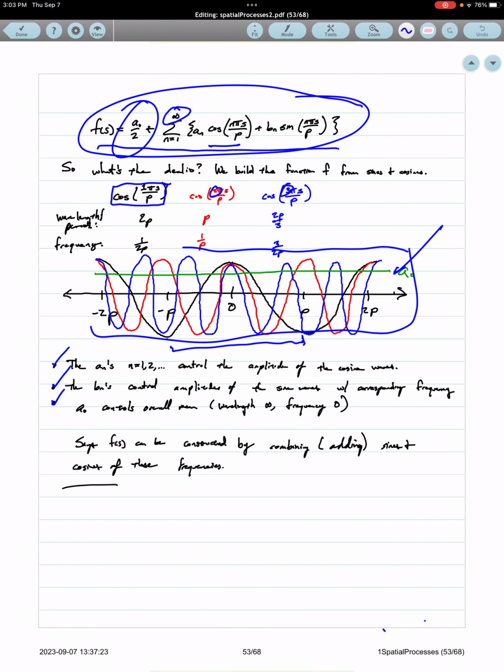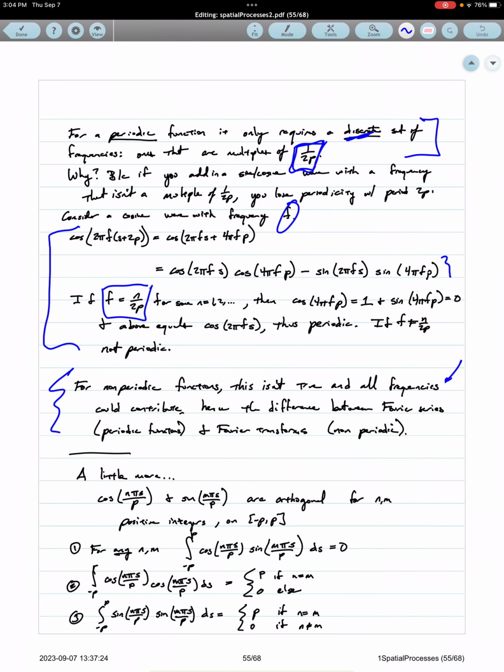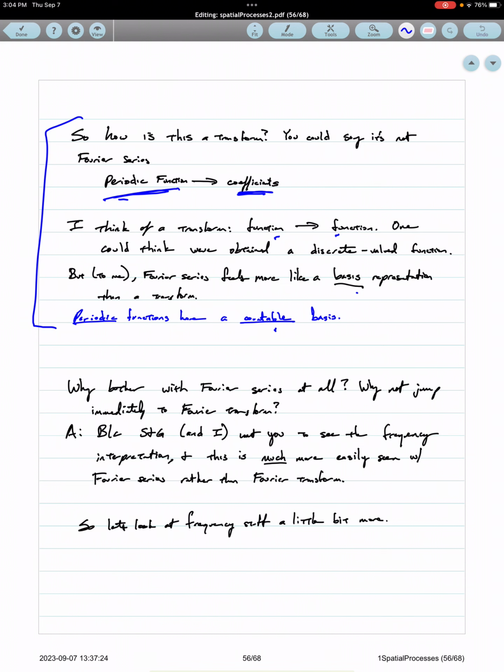We're recovering the original function by taking this basically linear combination of sine and cosine waves. These are a useful basis for decomposing our original function. And so if Fourier series feels more like bases, that's fine. I think that's the right interpretation.